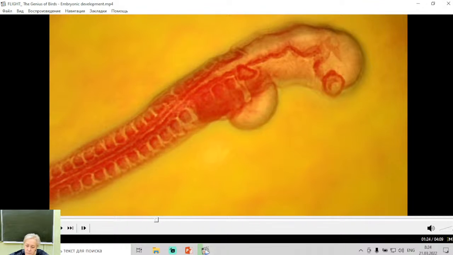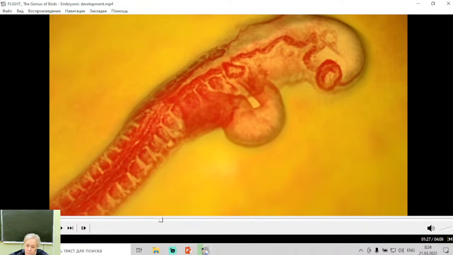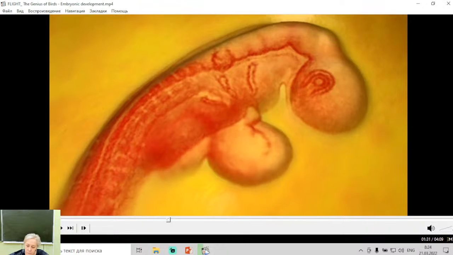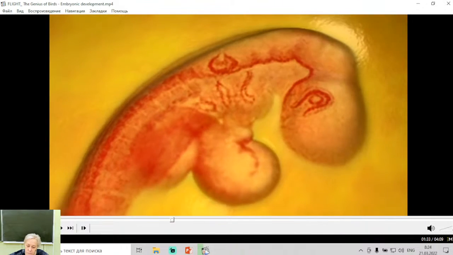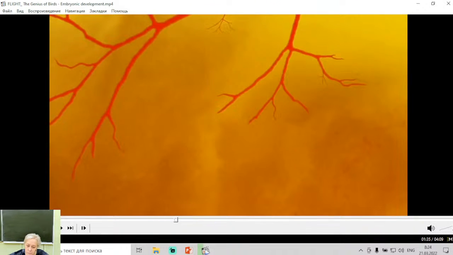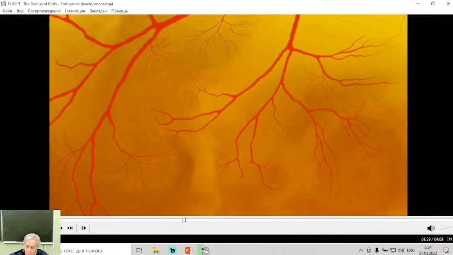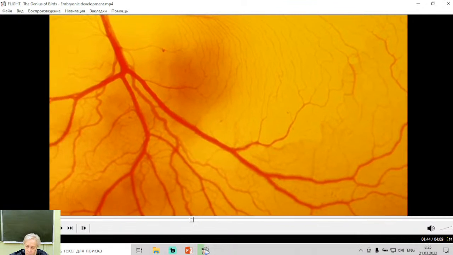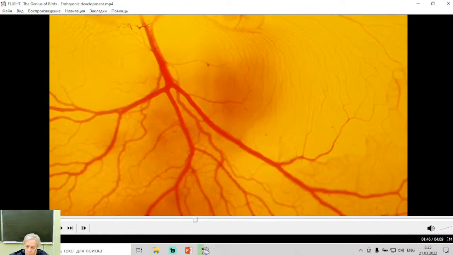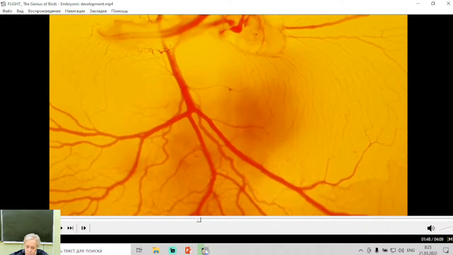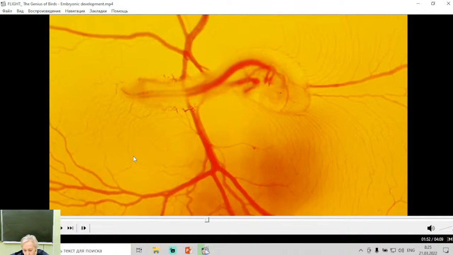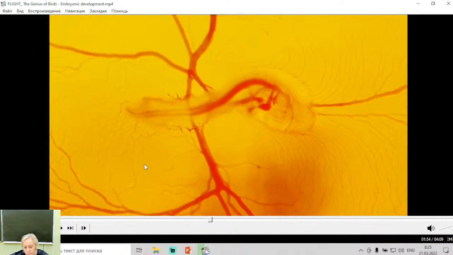At hour 46, the head of the embryo starts to arch into the fetal position. Throughout the second day, a network of blood vessels branches from the embryo into the yolk. They will transport vital nutrients back to the growing organism. You gotta pay attention to the details. You have genes being switched on and off, interaction, cell communication.